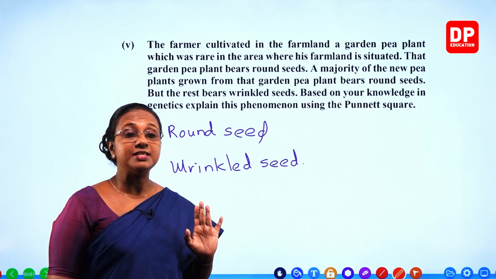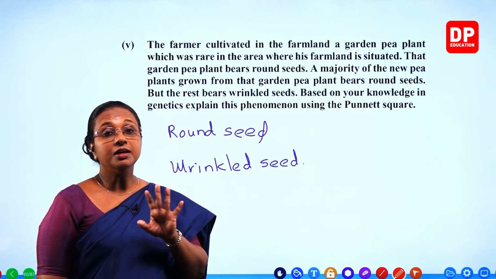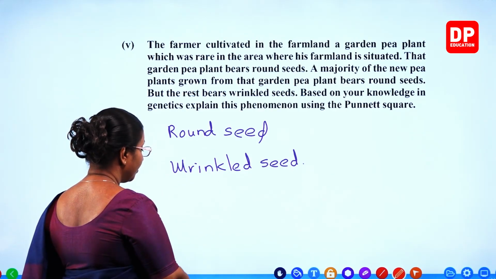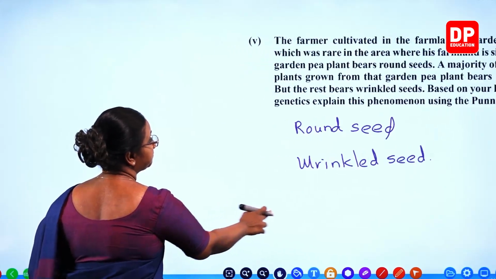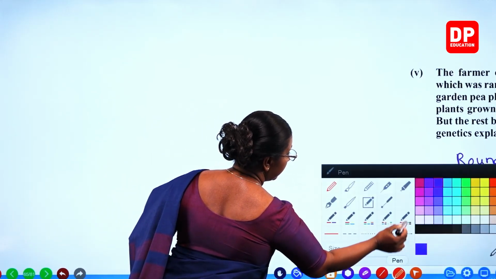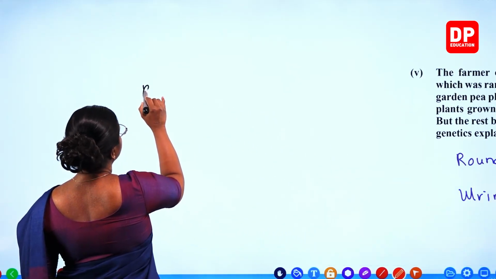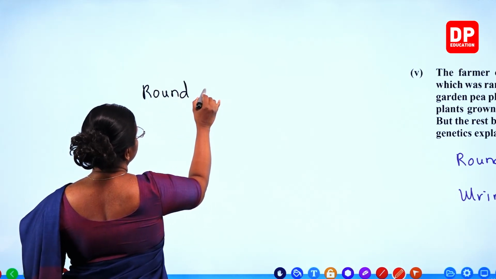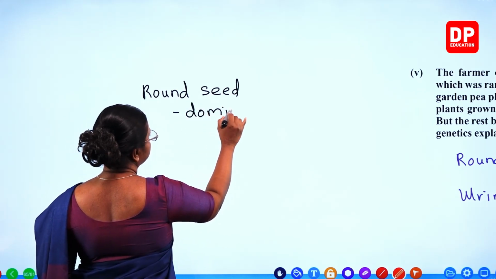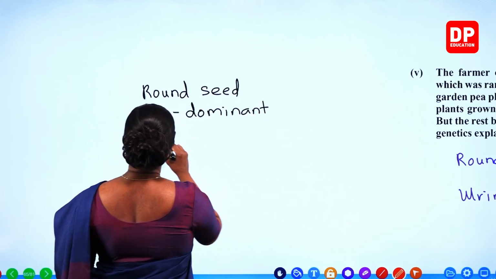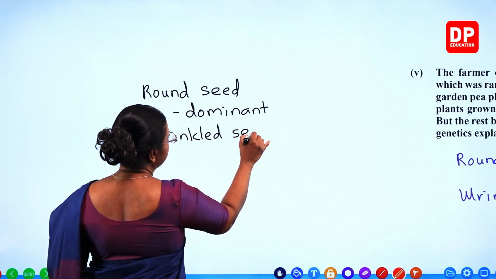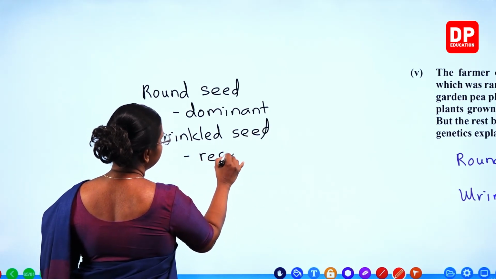So, you are familiar with genetics. You all know the monohybrid cross. There what happens? Now, if we consider the two seeds, now you can remember students, if we say round and wrinkled seeds. Round seed, this has to be the dominant character. Whereas the wrinkle seed has to be the recessive character.